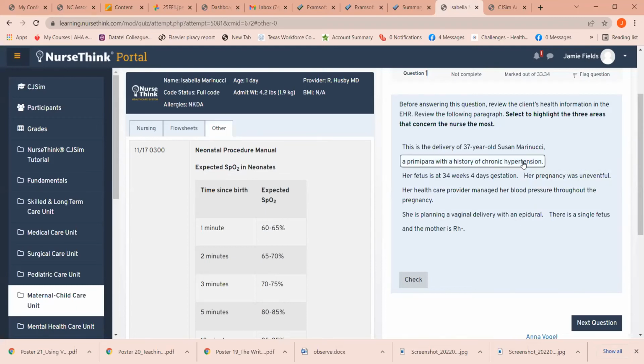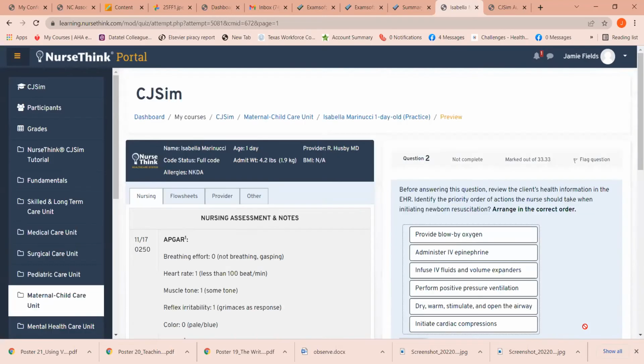Hypertension. Okay, what else? Rh negative. 34 weeks. Okay, do we have anything else that we want to highlight? All right, let's go to the next question.